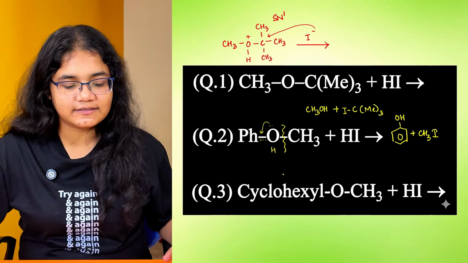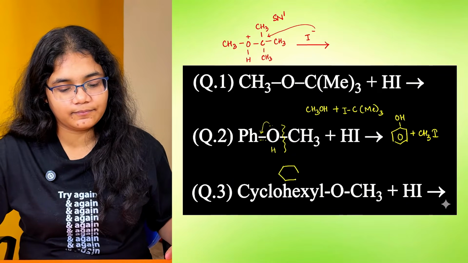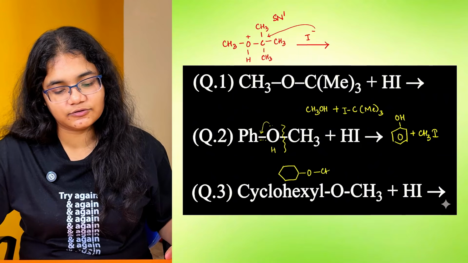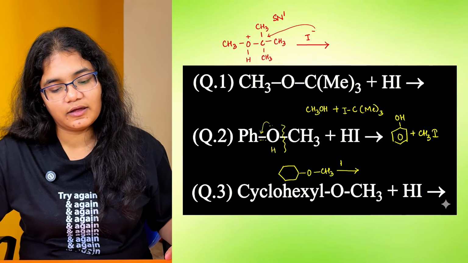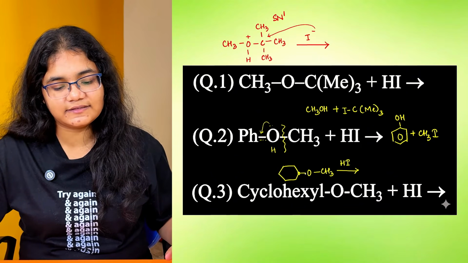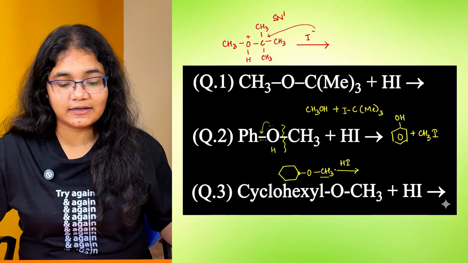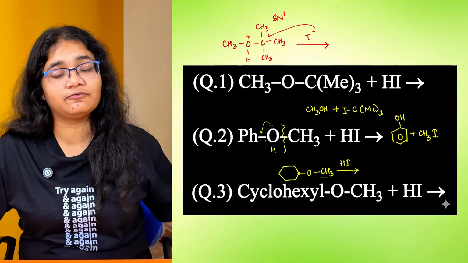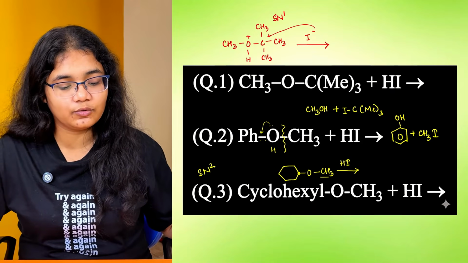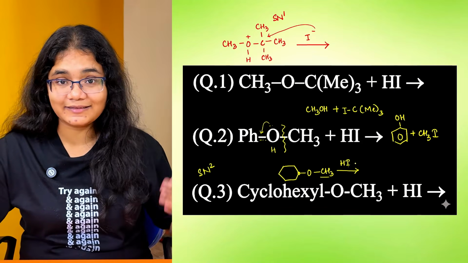Okay, now let's see this one. You have cyclohexyl, OCH3 and here you have HI. Now see, this side is secondary and this side is primary. So on the secondary and primary sides, which mechanism will the reaction follow here? SN2, and I minus will attack on the less hindered side.